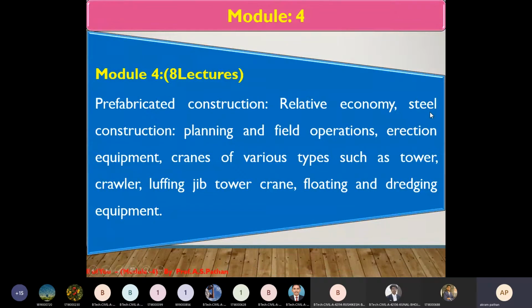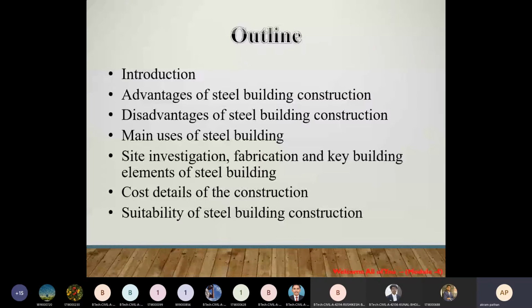Now this is the outline of today's presentation. We have the introduction regarding steel constructions, the preamble. We already completed the preamble part. Then we have certain advantages of steel building constructions. Then we have certain disadvantages of steel building constructions.